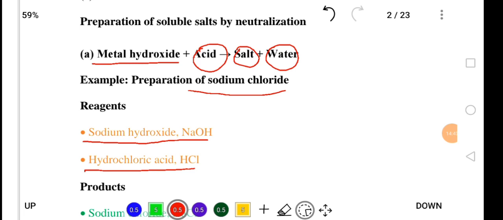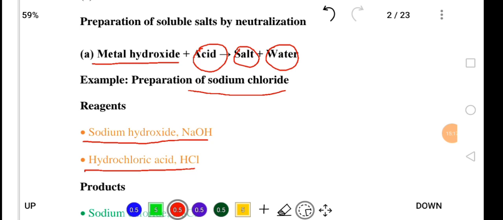Now, in your exam, you may be asked to identify the possible reagents that can be used to prepare sodium chloride. That question should be very simple for you, because you are going to be thinking of scientific substances that are suited to be used in the chemical reaction to prepare sodium chloride.